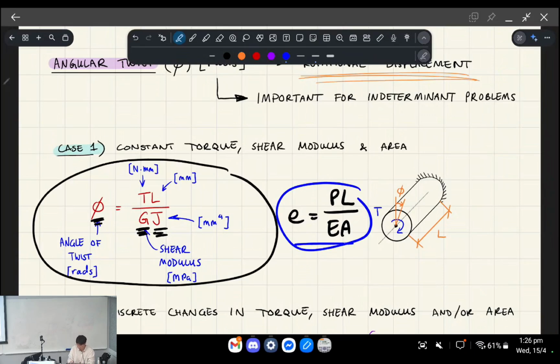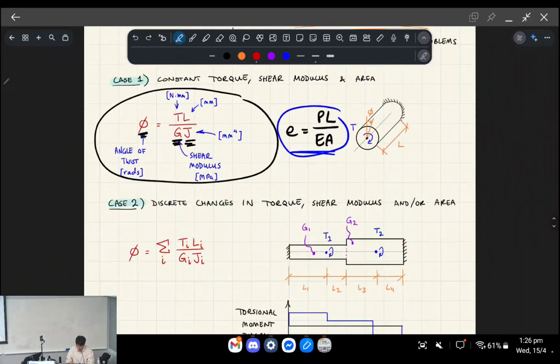That would be the formula which you would use. So you can see the analogies. P is the force, whereas now we're dealing with T, which is the torque. L is the length. Instead of E, the elastic modulus, we're using the shear modulus. And then we're using J instead of A, the cross-sectional area. So that was week 4.